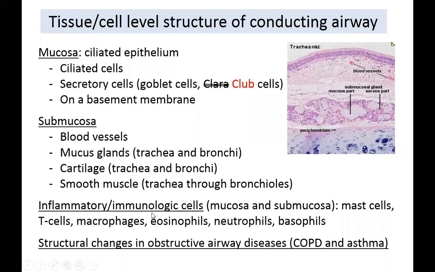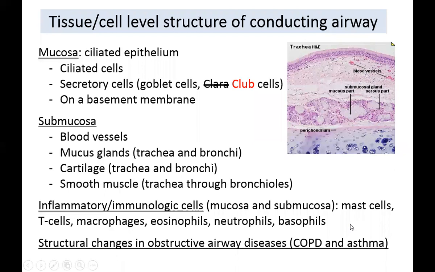The other cells that are around here are inflammatory cells and immune cells, both in the mucosa and submucosa. Mast cells are central to allergic rhinitis, and to the initiation of the asthmatic response in most people. There's T cells, resident macrophages, eosinophils, neutrophils, basophils.